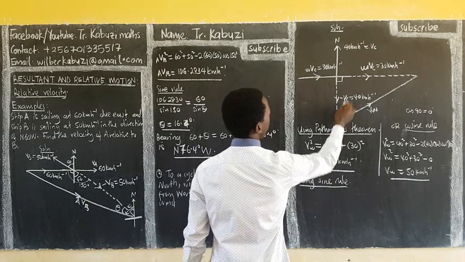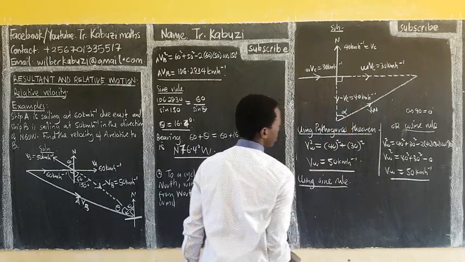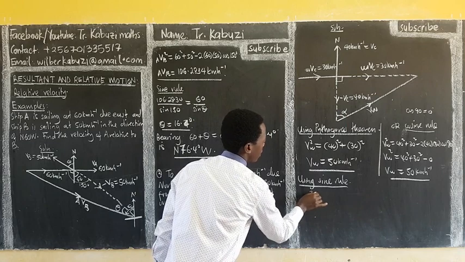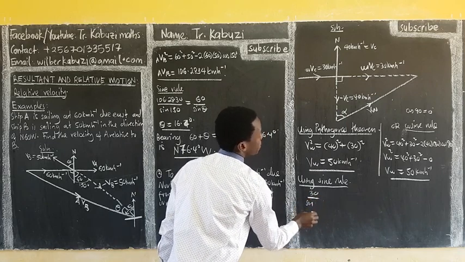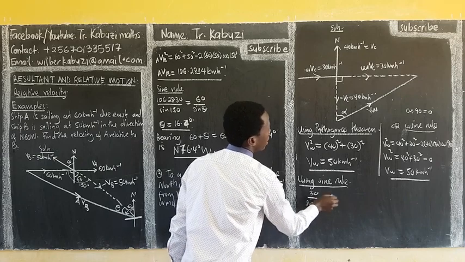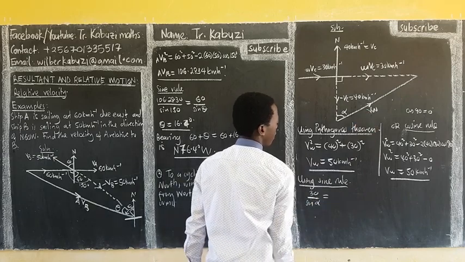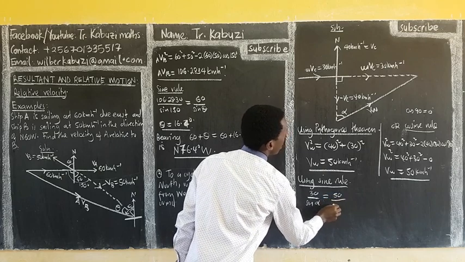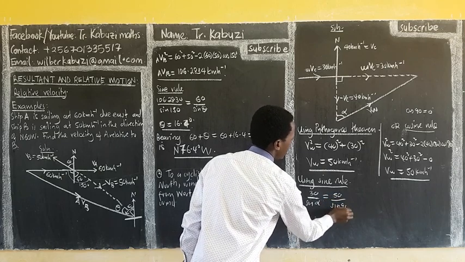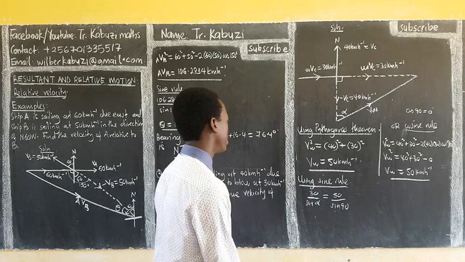This is opposite, so we have 30 over sine alpha equal to VW, which is 50 over sine 90, but this is 1.